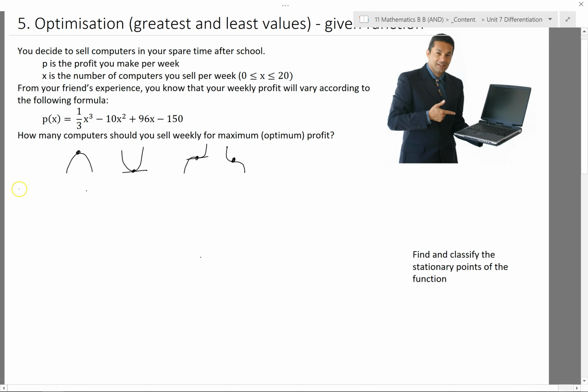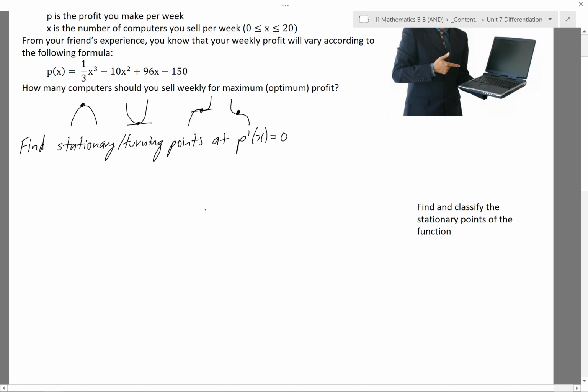So I need to find my stationary or turning points of this function. And we know they're going to occur when the derivative is 0, at p dash of x equals 0, since I'm using function notation.